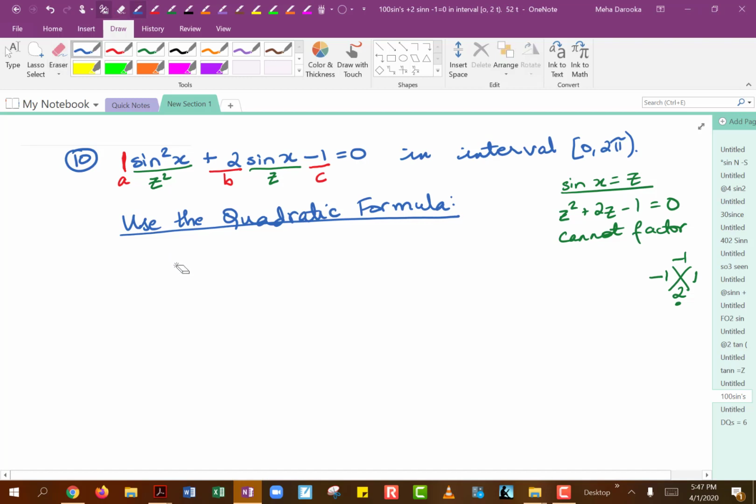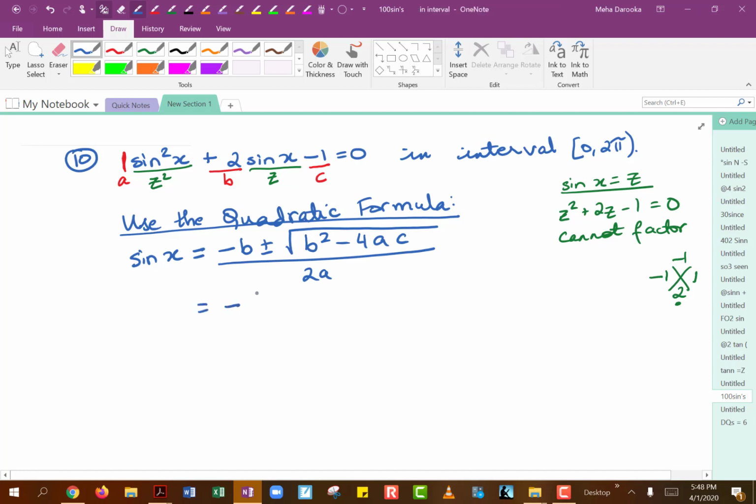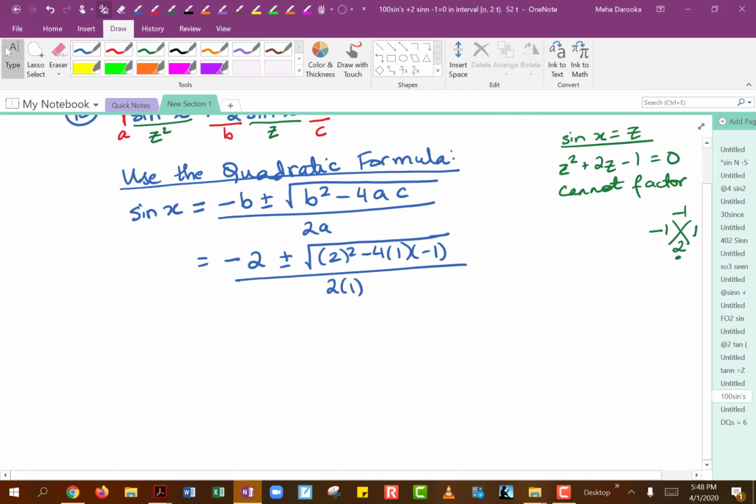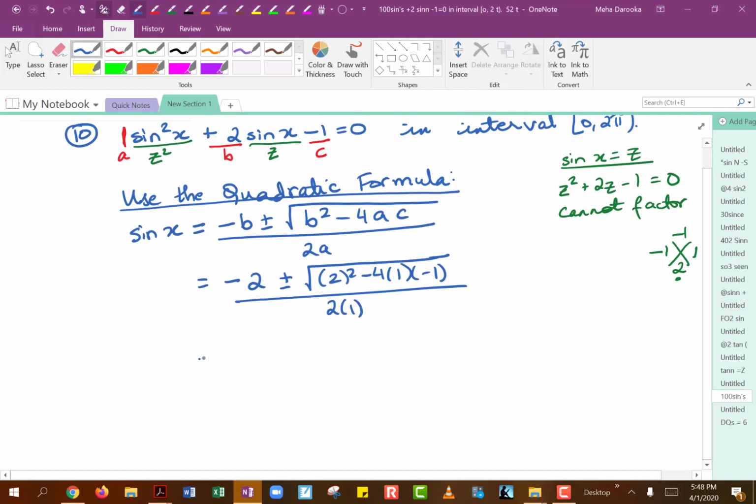Since we're doing the quadratic formula on the sine function, it's going to be sine of x equals -b plus or minus the square root of b squared minus 4ac, divided by 2a. So that's -2 plus or minus the square root of 2 squared minus 4 times 1 times -1, over 2 times 1. We're just plugging in our a, b, and c values.